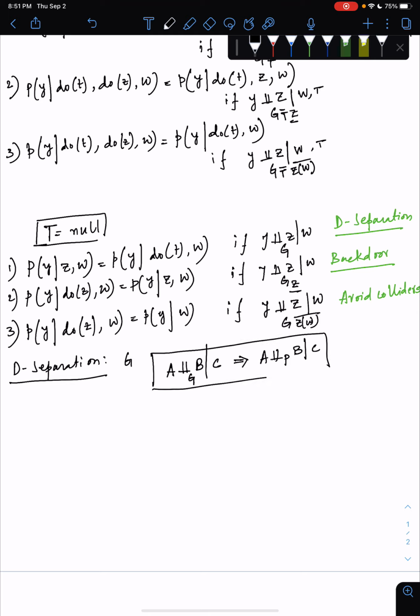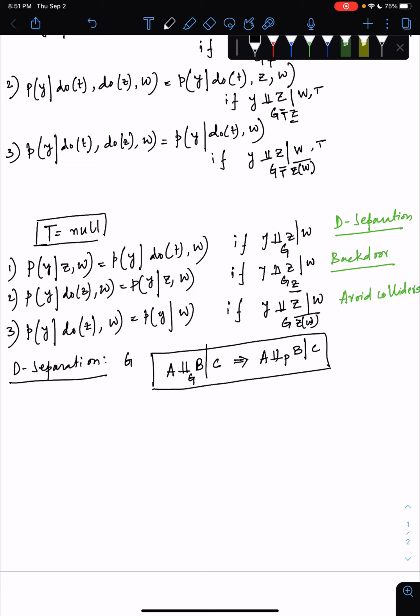Interesting. So this is why d-separation is very important. So A and B are conditionally independent in the distribution. So how can we prove that two variables are d-separated? That is a separate video, but I am going a bit faster here.